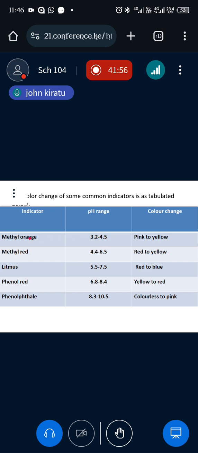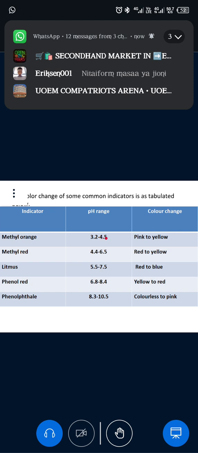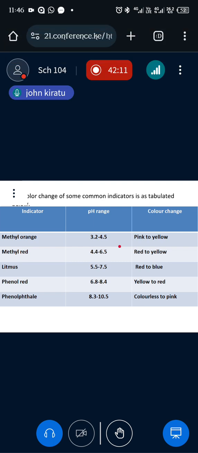For instance, let's look at methyl orange. It can only change its color between 3.2 to 4.5. So can you tell me, looking at this range, and you are doing an experiment, will you choose methyl orange when you are doing strong acid, strong base, weak acid, strong base, or strong acid, weak base?